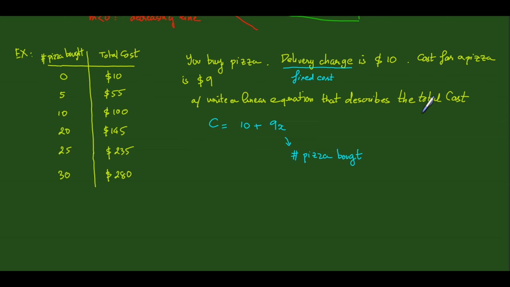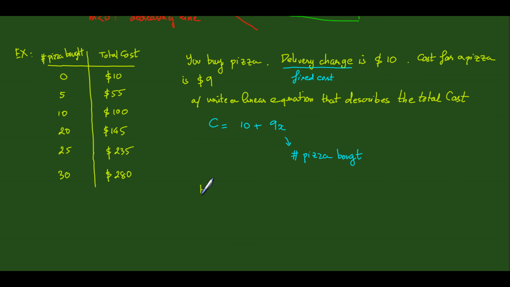But because over here it is total cost, I'm going to use C. So you see that it doesn't matter what letter you're using, as long as that letter represents the correct variable. So this is the total cost. You can use Y or you can use C, doesn't matter. And this is the independent variable. This is the number of pizza bought. So this is X right over here. So this is the answer for question A.